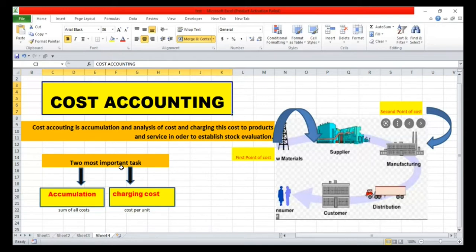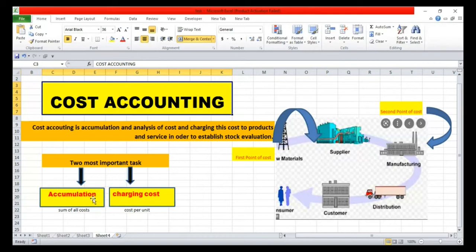Guys, you can see that from bringing raw material from the supplier to delivering finished goods to the customer, we incur different costs. Here in cost accounting we need to accumulate all those costs. Why do we accumulate different costs? So that we can know the cost per unit, the cost of goods sold, and the cost per unit that we are going to sell to our customer.